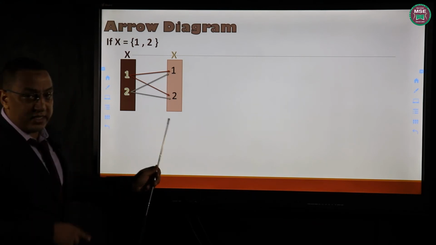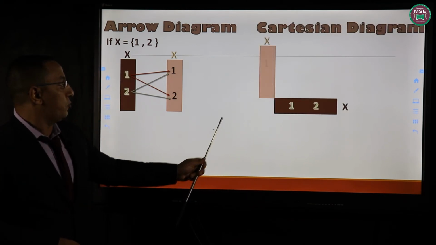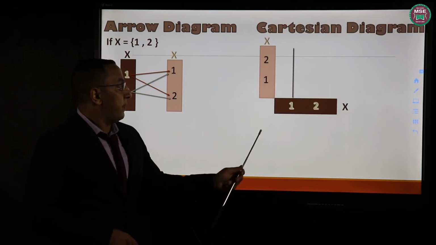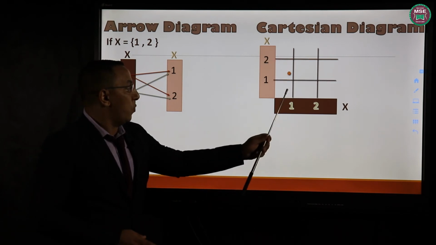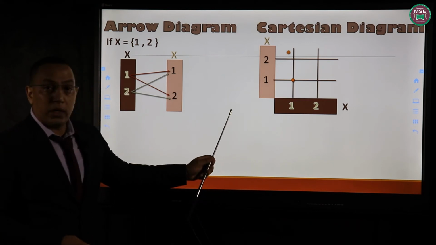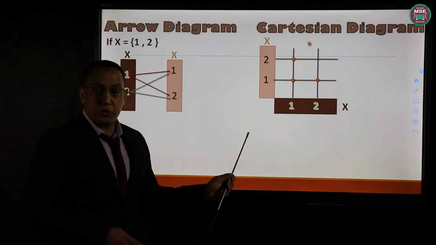And also by Cartesian diagram, 1, 2 and 1, 2 like this. Here (1,1), (1,2), (2,1) and (2,2).